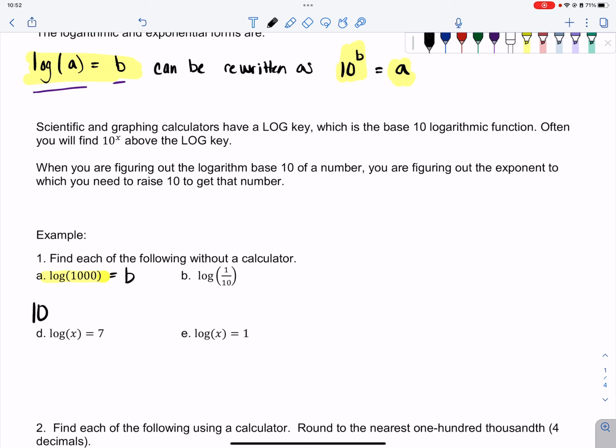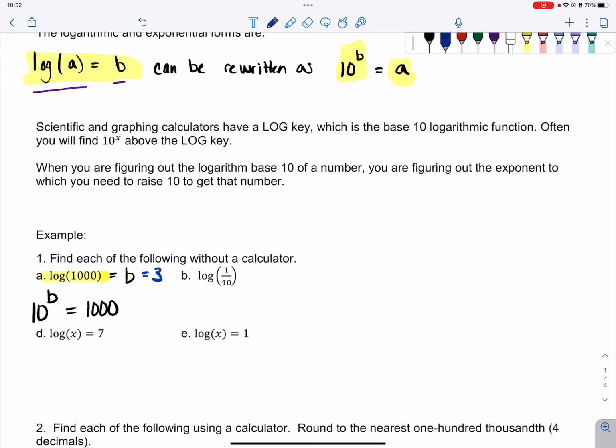So 10 to the what power is equal to 1000? We can figure this out without a calculator with some mental math. 10 times 10 is 100, so that's 10 squared, multiplied by 10 again gives us 1000. So we need 10 to the third power, which tells us that log of 1000 is equal to 3.